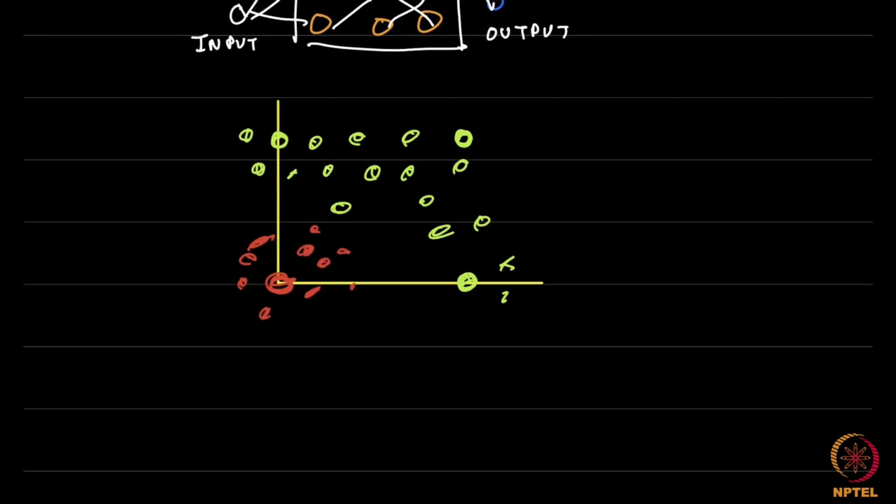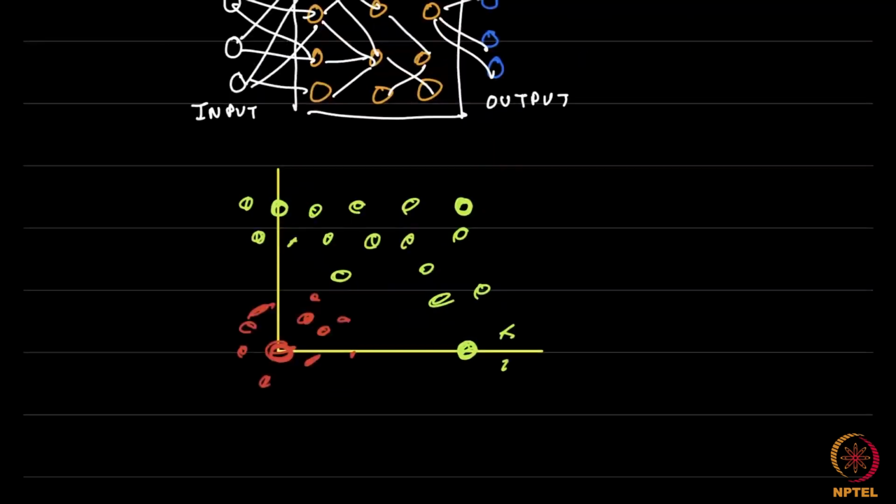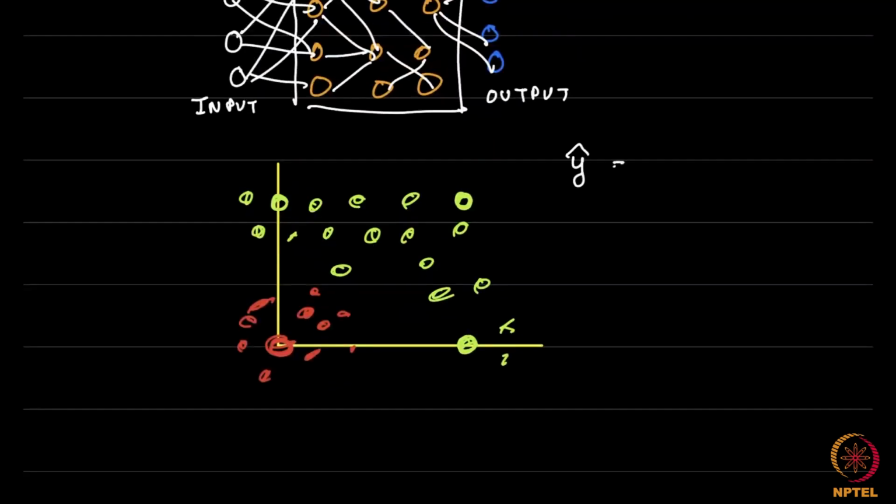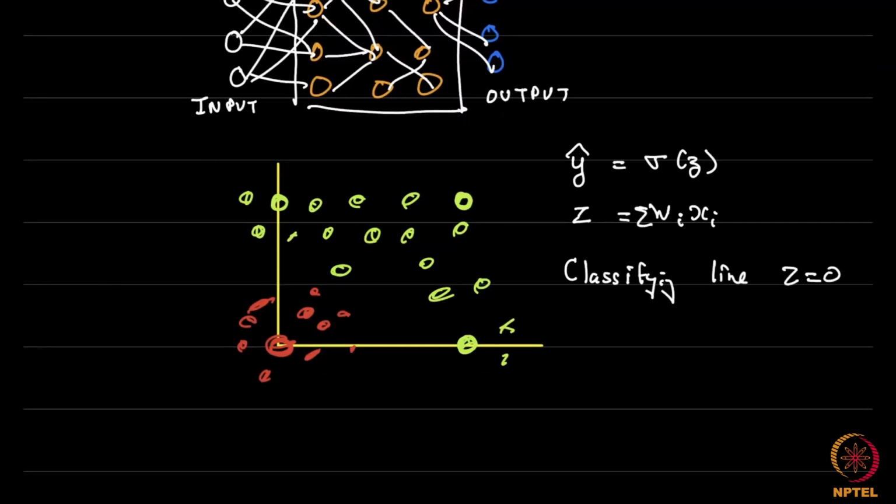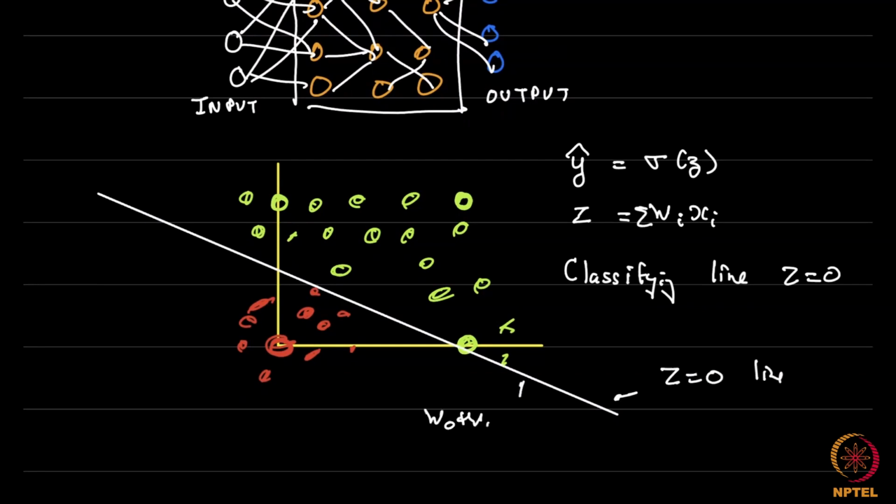What we saw was in all cases where we had y hat equal to sigmoid of z, and where z was a linear combination of all the x's, the classification was via a line, z equal to 0. So it was always a straight line, which represented w0 plus w1 x1 plus w2 x2 equal to 0.